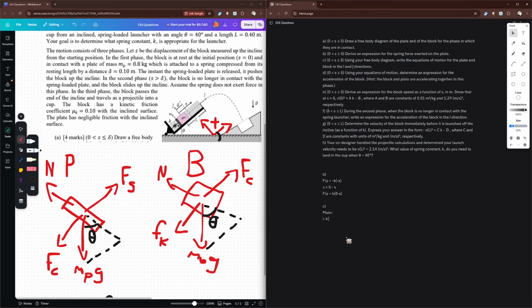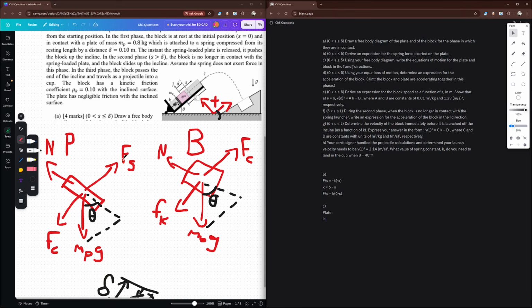Anyways, so we need to get our forces. Using the free body diagram, we have an Fs in the positive i, we have an Fc in the negative i, and then we have this component of gravity in the negative i, which if we use trig, this is a sine. This is the sine term of gravity.